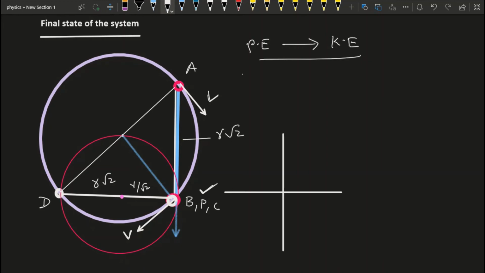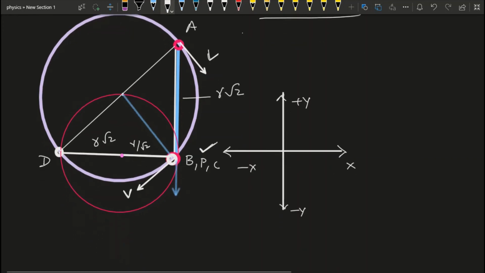Okay, so now I am writing the expression. You can take the expression based on the axis. This is the positive x axis, negative x axis, positive y axis, negative y-axis. This is the velocity of the point of intersection P, and this is the velocity of the bead B. If you see, this angle is 45 degrees.